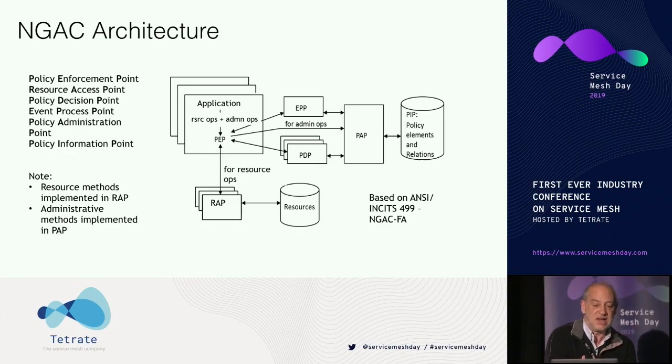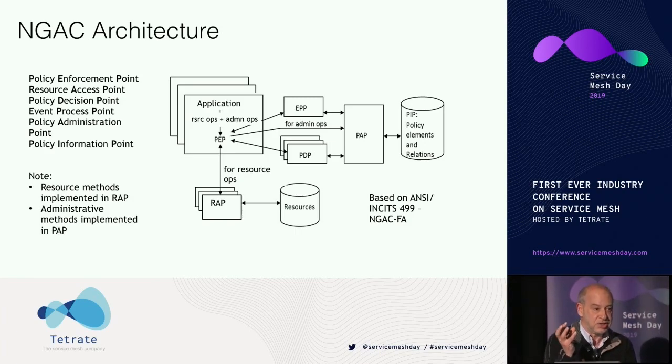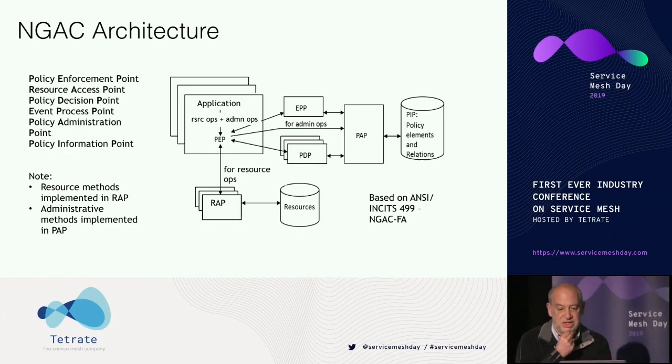So the point is that the location of the resource is completely transparent to the user, because the user just sees objects which are logical entities, and we're going to look at how objects fit into a policy configuration in just a little bit.